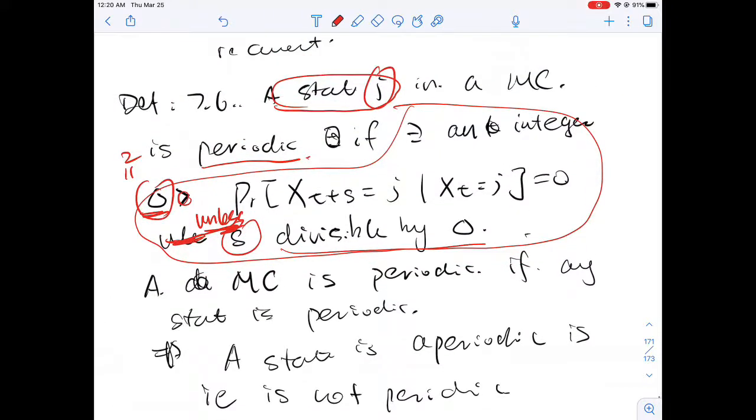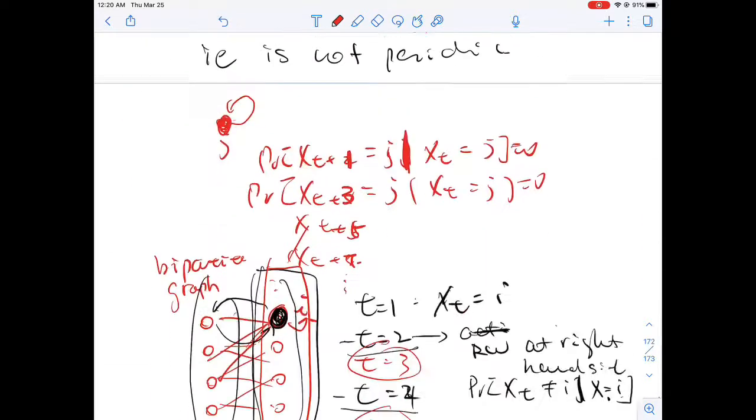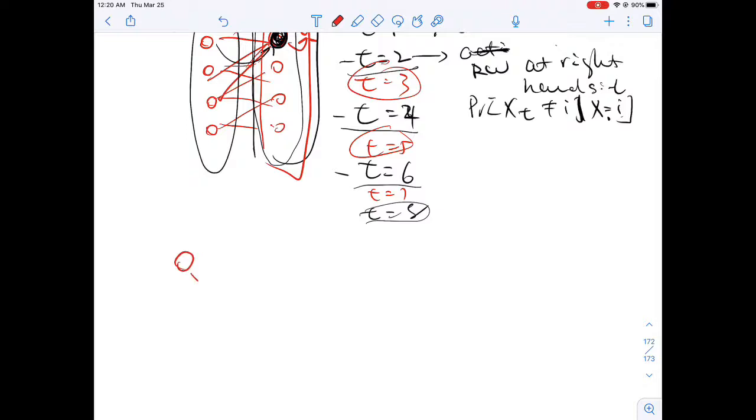Now, if you see that, so that really just means that only within a constant amount of steps, every delta steps, there's a chance that I return to J. Otherwise, it's not possible, right? So let me give you a second example.